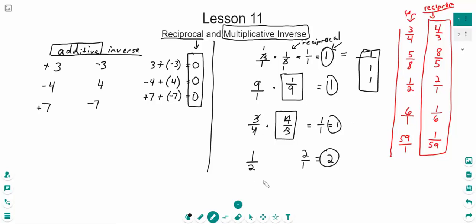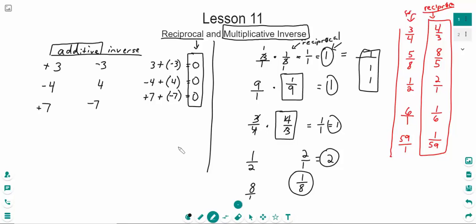If I asked you to find the multiplicative inverse for an 8? What would the answer be? Hopefully you said 1 over 8. Because we just simply write this 8 as a fraction and then flip it. That's the answer, 1/8. That's the multiplicative inverse, or the reciprocal.